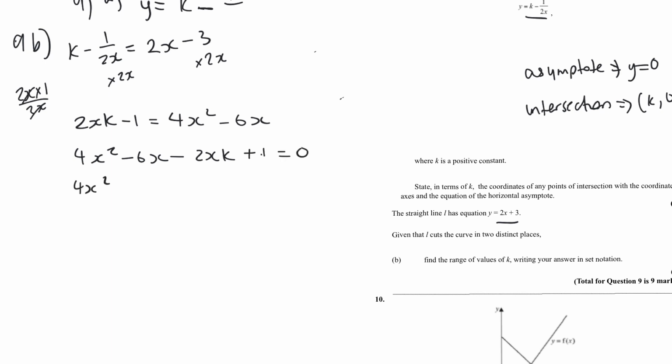So it'll be 4x squared and then minus outside, and then the common factor between 6x and 2x is 2x, so 2x, and then it'll be the 3, and then plus k.